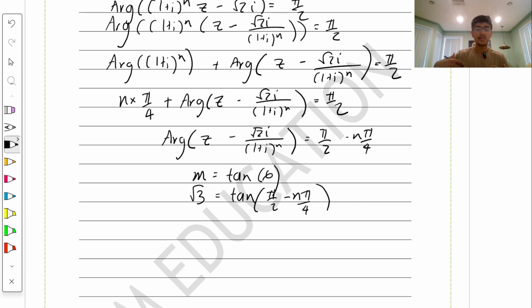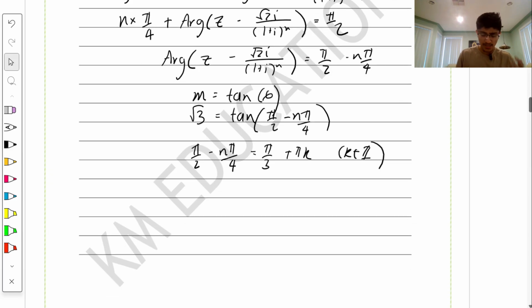It's simply finding the general solution of an equation, which is something we've done in Methods 3, 4. So I can start off with making a reference angle. So pi on 2 minus n pi on 4 is equal to pi on 3 plus pi k, where k is an integer. Right, so pi on 3 would be my reference angle, and because tan has a period of pi, I just do plus pi k.